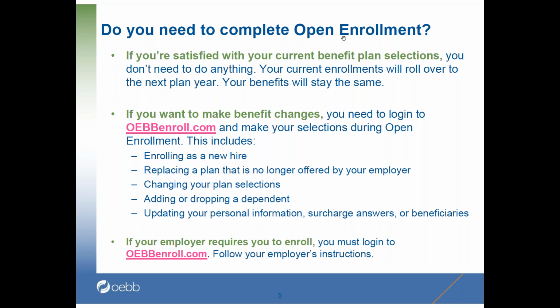You can also update personal information, change your surcharge answers, or change or add beneficiaries. Now, if your employer requires you to enroll, then you must log in to oebenroll.com during that enrollment time period and follow your employer's instructions.